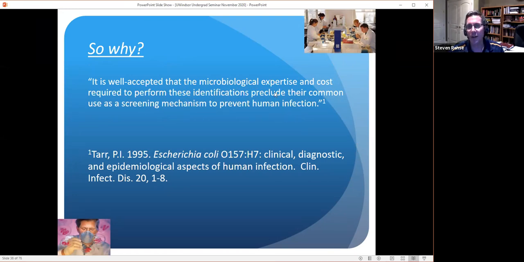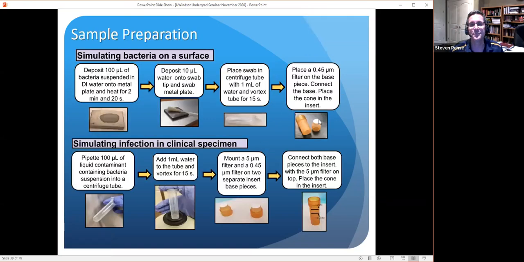They're just too hard and too expensive to do on every sample that could be contaminated. So we don't use it, which is why people still get sick. If we had something that was cheaper and required no expertise, now we're solving the problem.